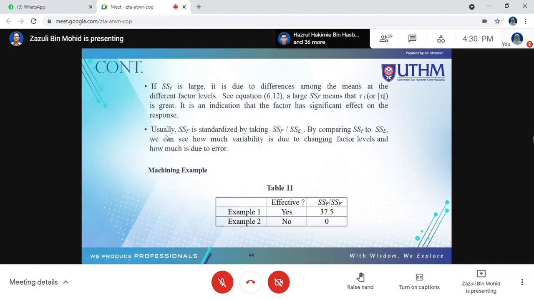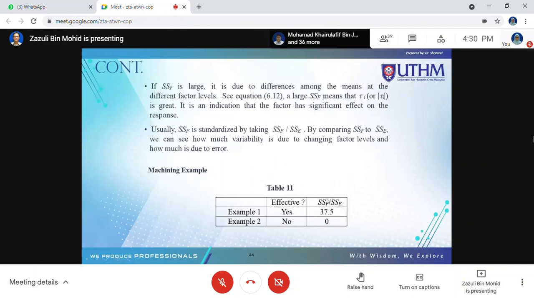The SSF usually is standardized by taking the SSF divided by SSE. By comparing the SSF to SSE, we can see how much variability is due to the changing factor level and how much is due to the error. In this case, we conduct the analysis on two examples.